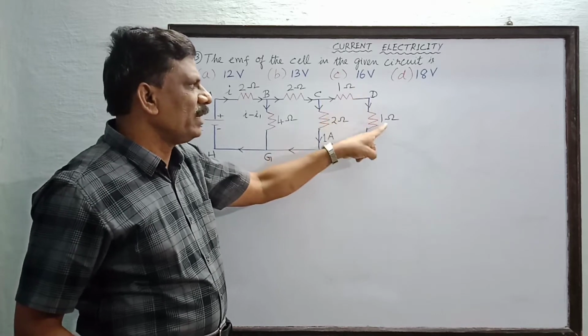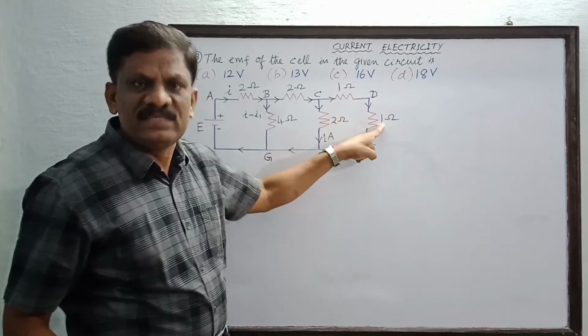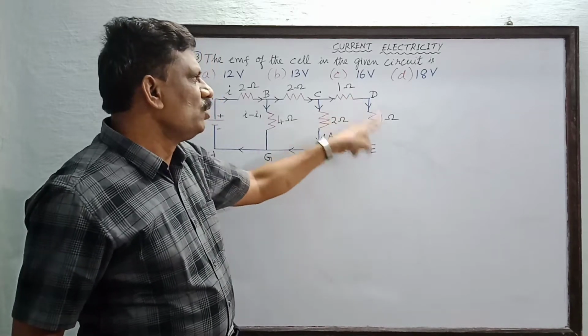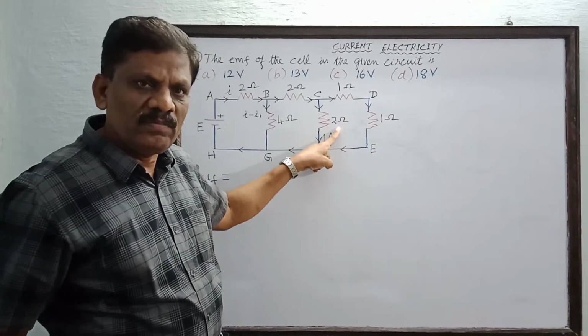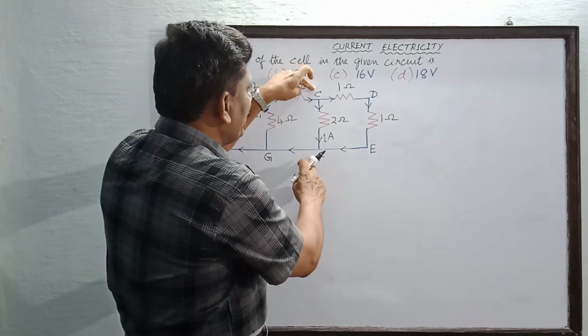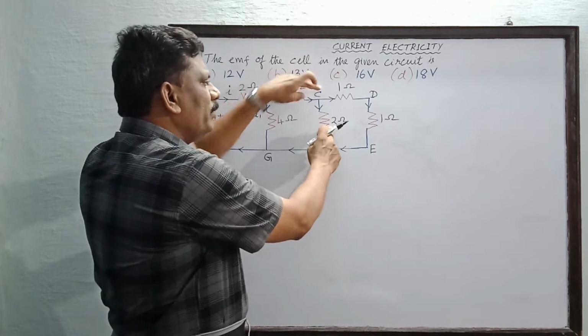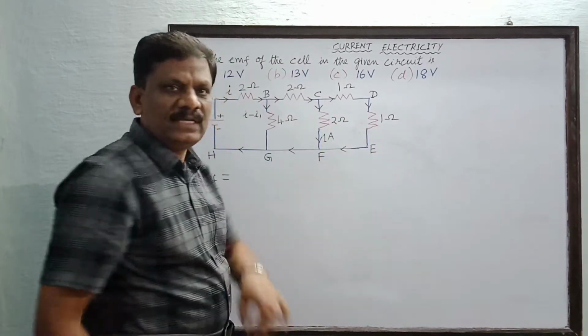So this 1 ohm and 1 ohm will be in series, so it will add up to 2 ohm. So this 2 ohm is in parallel to 2 ohm. So the effective resistance across C and F will be 2 ohm parallel 2 ohm, that is 1 ohm.